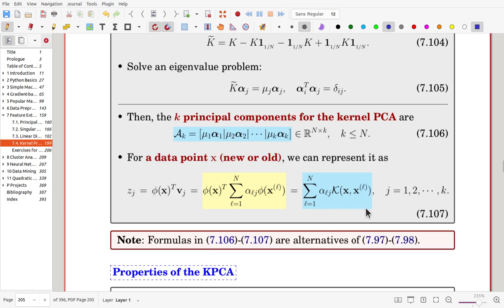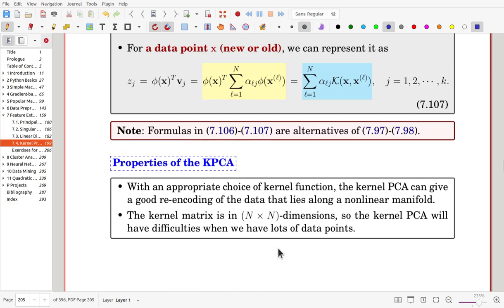However, for kernel PCA, you have to consider an extra square root of mu j, so it changes into the eigenvalues themselves. If you consider these as the singular values, then in fact that one is a singular value squared.